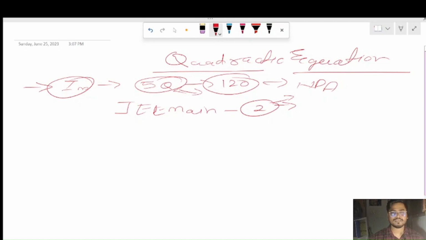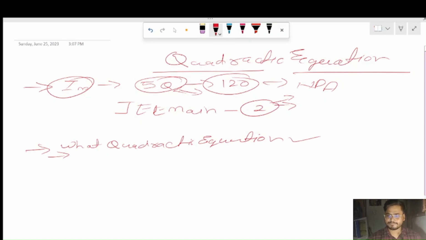Let's see what the agenda is for today, guys. Today we will learn about quadratic equation, and in this section we will learn about expressions. I'm going to teach you from the very basics.